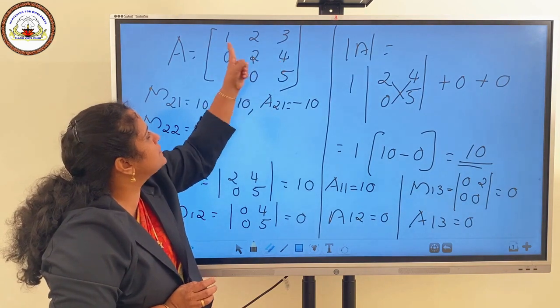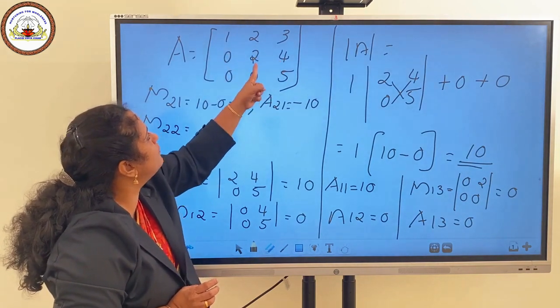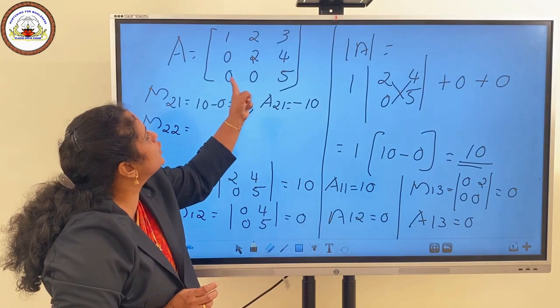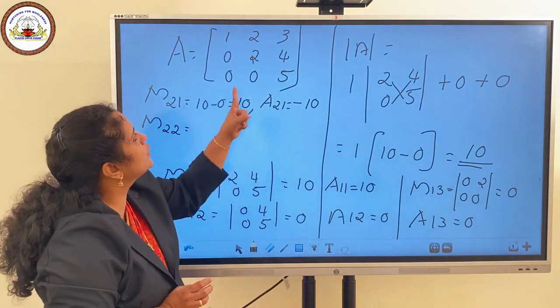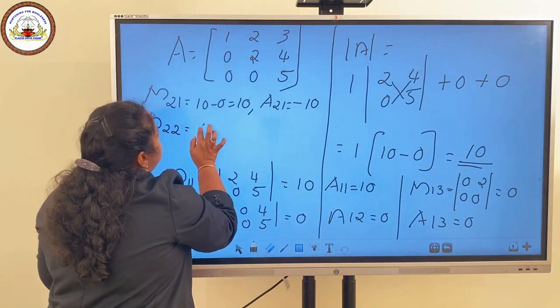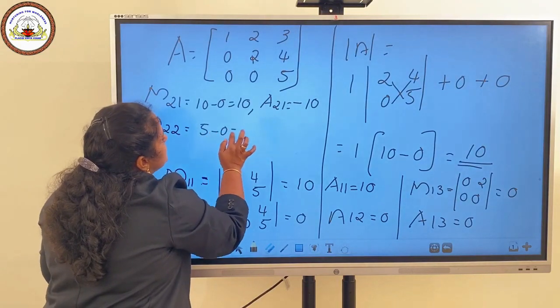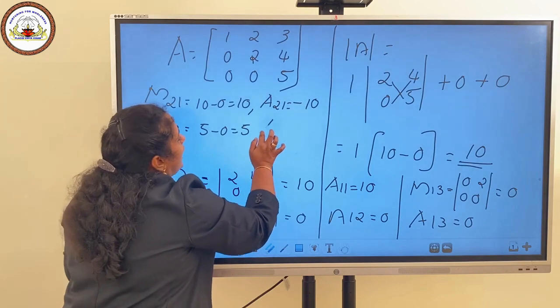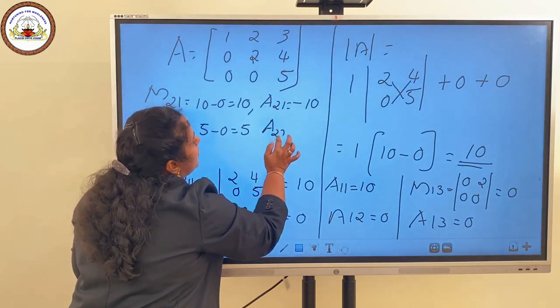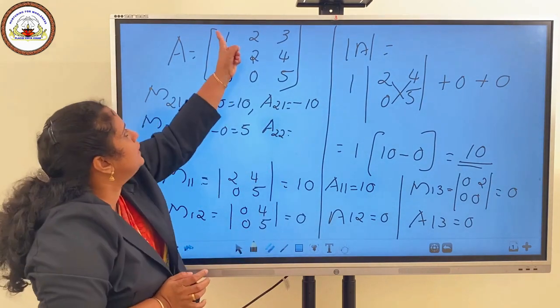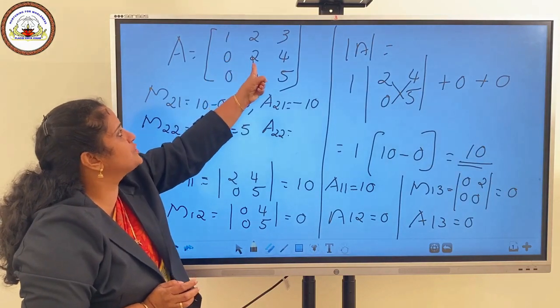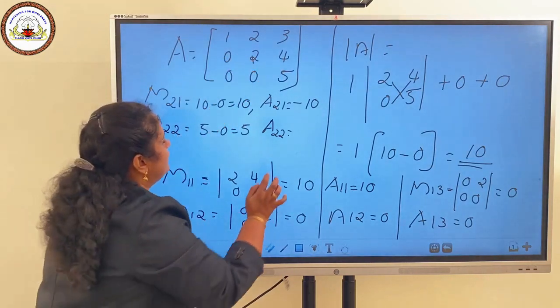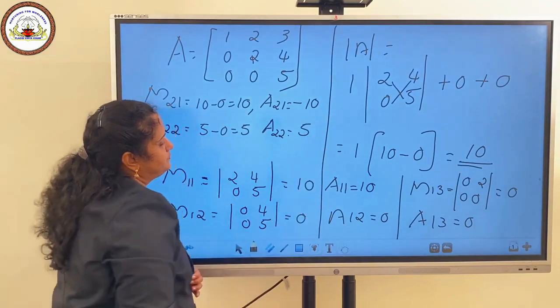The remaining elements you should write in the determinant form, that is 1, 3, 0, 5. 1 multiplied by 5 minus 0, the answer is 5. When we are finding the cofactor A22, that is positive, negative, positive. This element is positive, the answer is 5.